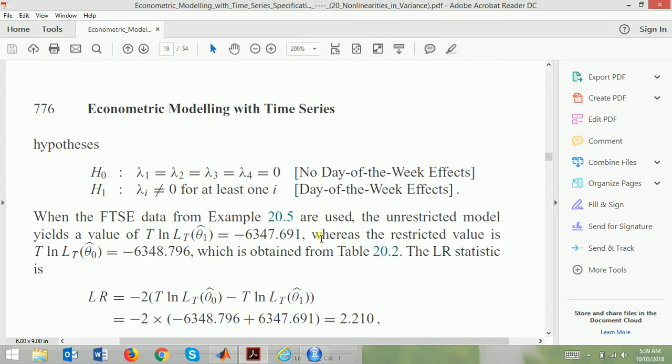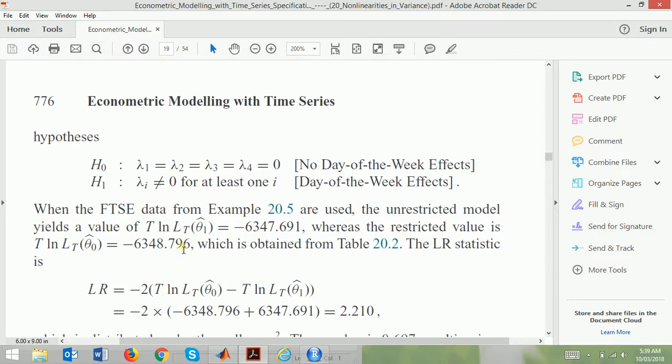When FTSE data from example 20.5 are used, the unrestricted model yields a value of the log likelihood function, whereas the restricted model gives another value. So we have two different values for the log likelihood function from the unrestricted and restricted models.